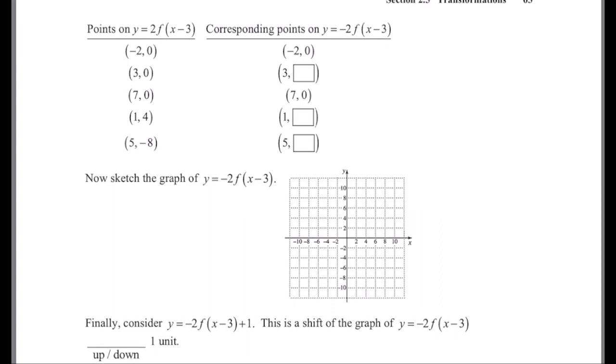All we need to do at this point, since our y values change their signs, is take the negative or opposite of y. All these zeros will remain the same. We'll now have negative 4, but now positive 8. Negative 2, 0; 3, 0; 7, 0; 1, negative 4. So now our point is down below, and then our curvy part is up above.